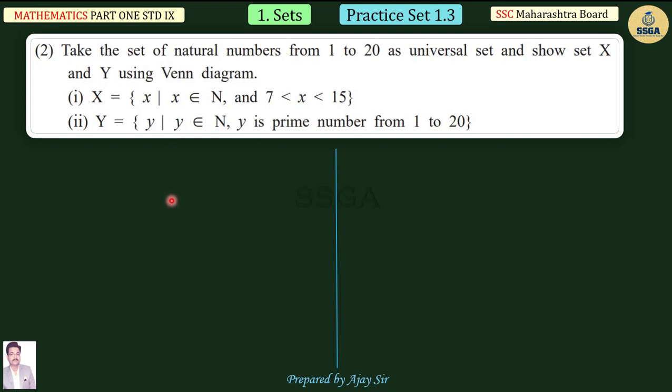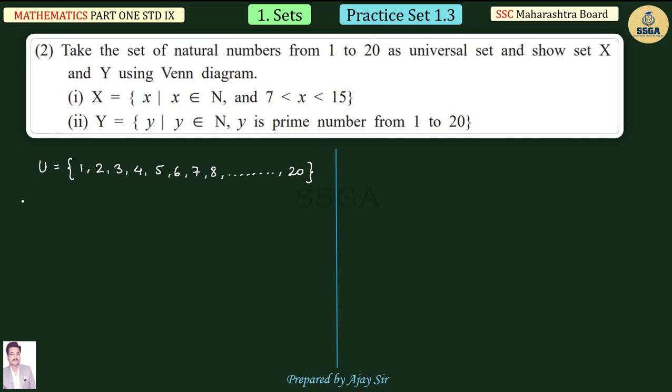So let us start the first part. Universal set U is equal to 1, 2, 3, 4, 5, 6, 7, 8 and so on till 20. All these natural numbers will come in the universal set.